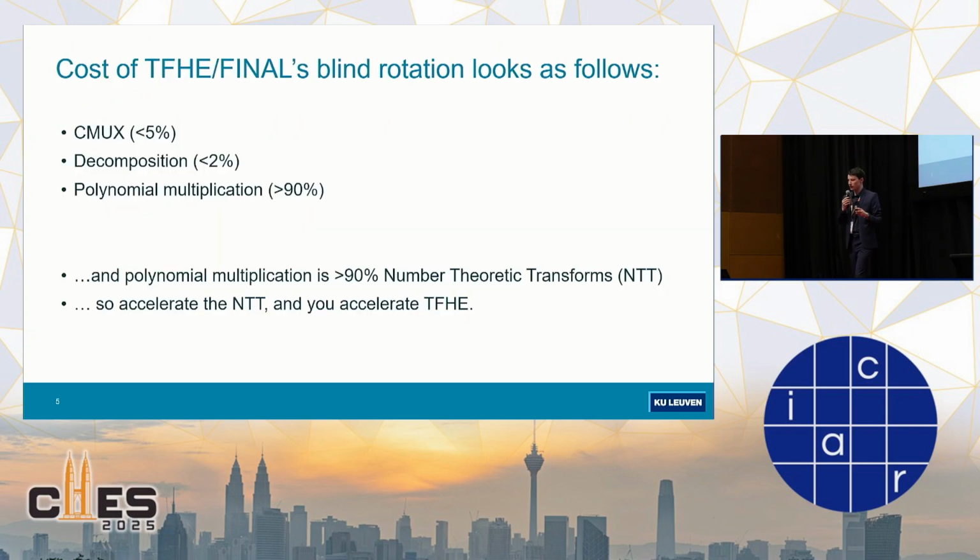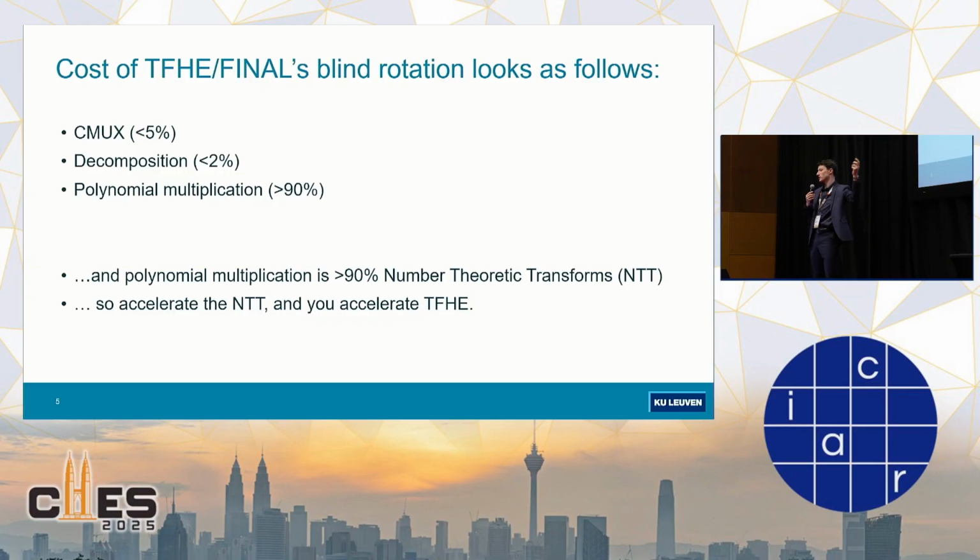So, first you have to analyze what are you making. Well, what we're doing in homomorphic encryption is a whole series of operations, but from a hardware designer perspective, you care about the blind rotate because computationally, that's all there is to it. And if you look at the blind rotate, what you're really talking about is number theoretic transforms. Do the number theoretic transform right, and you do the rest of the circuit right.